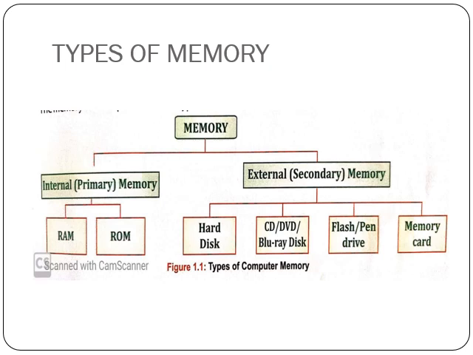One is internal memory, another is external memory. Internal memory is divided into two types, RAM and ROM, and external memory is divided into parts like hard disk, CD, DVD, Blu-ray disc, flash drive, pen drive, and memory card. We will have a quick discussion about each of these.